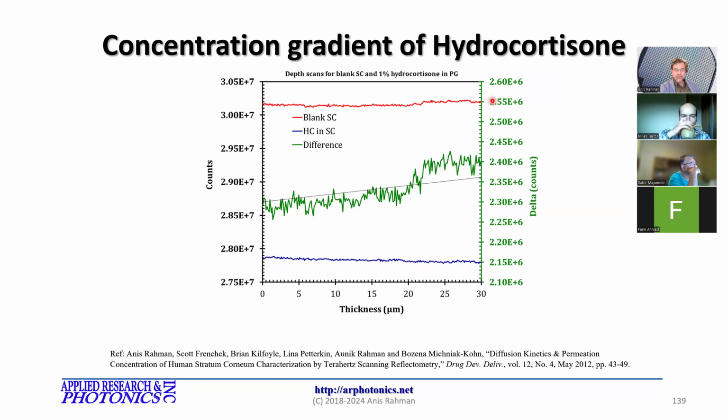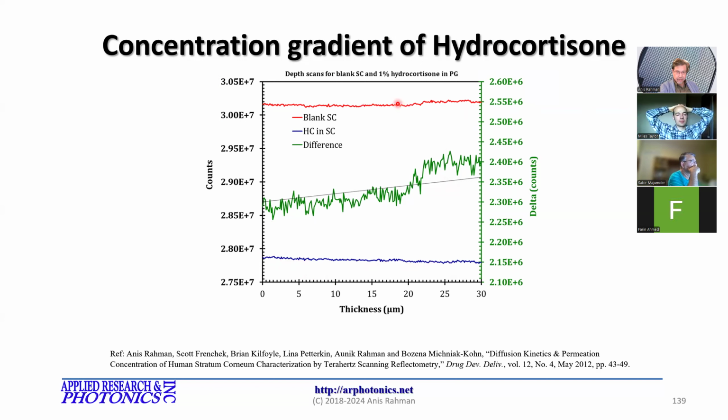The red one is the blank stratum corneum. So this blank stratum corneum was scanned first, which is this red curve. Then we did the kinetics experiment as I showed before with the 1% solution of hydrocortisone in propylene glycol. And then after the kinetics saturated, we did the depth scan again.